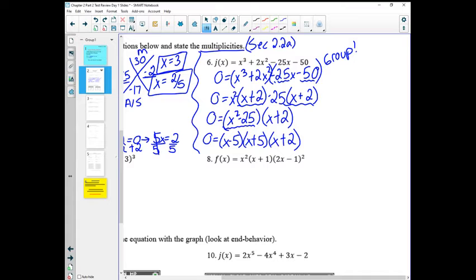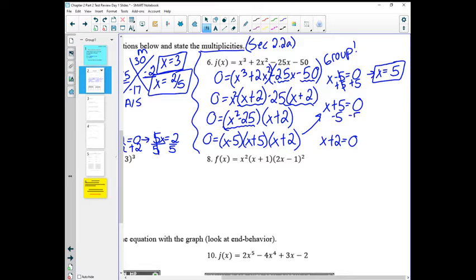Now that the right side is fully factored, I'm going to split each of those factors apart and set them equal to 0, and solve. And the last one down here. Going back up to the top, add 5 to both sides, x equals 5 is our first solution.